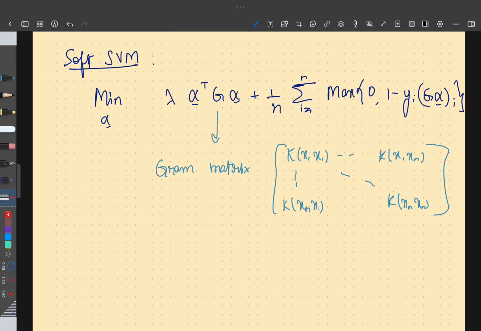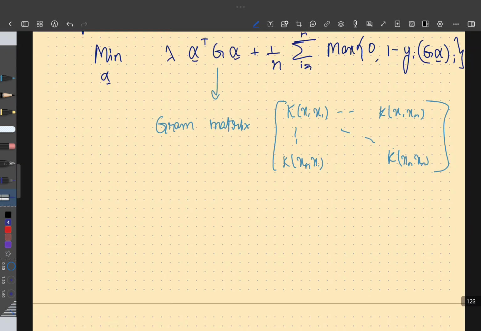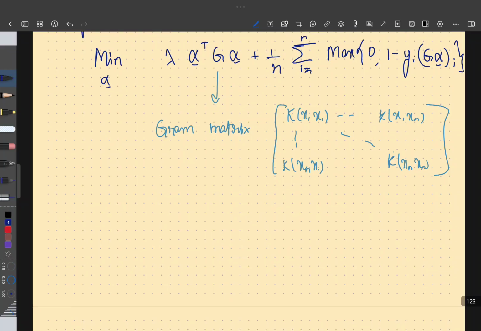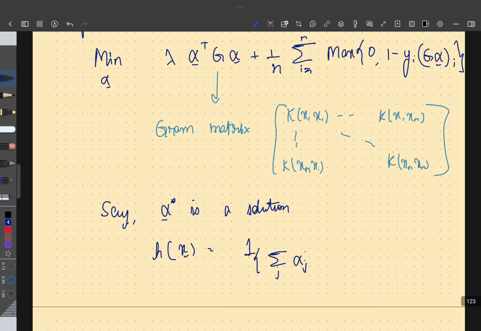And once I find the solution, so let's say that we find that alpha star is a solution, then your h of x can be just represented as indicator summation over j alpha j star k of xj x greater than 0.